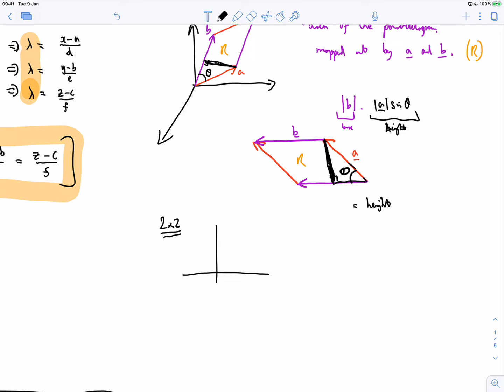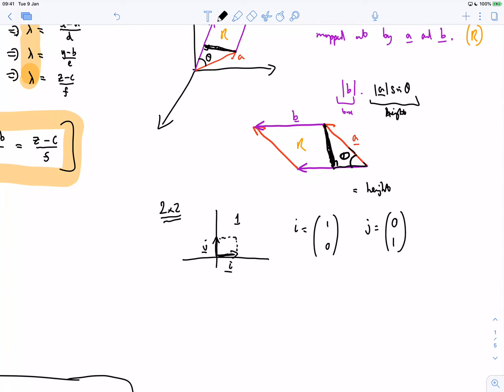If I have a vector going this direction, which is say i, and I have a vector going in this direction, which is j, these are unit vectors in those directions, then the area of that parallelogram, which is a square, is just going to be 1.